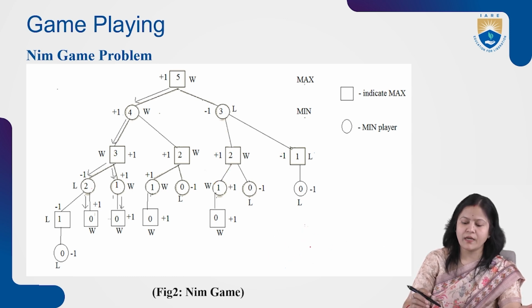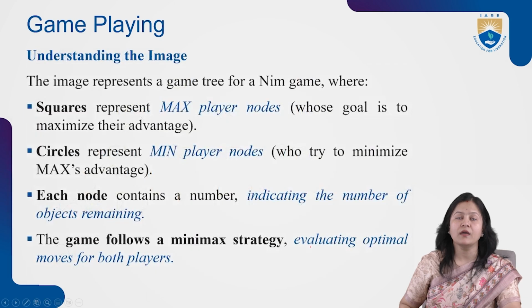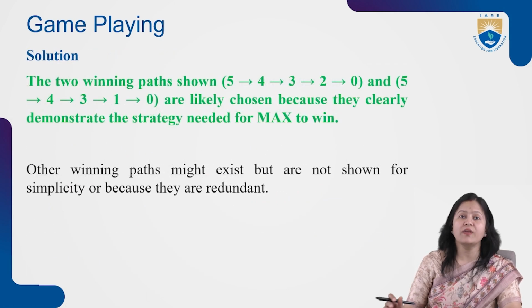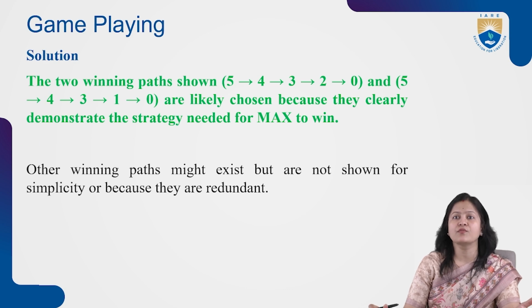I hope you have understood this Nim game properly. So here I have mentioned the solution. The two winning paths shown in the figure, 54320 and 54310, are likely chosen because they clearly demonstrate the strategy needed for Max to win, because here Max started the game and Max won the game.